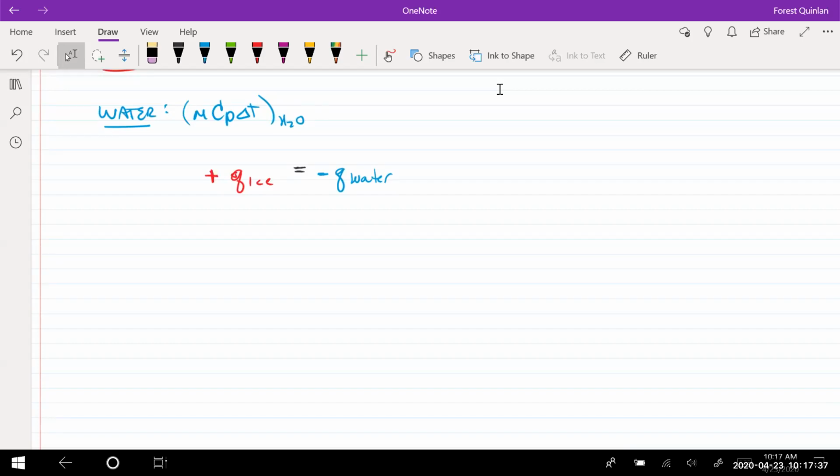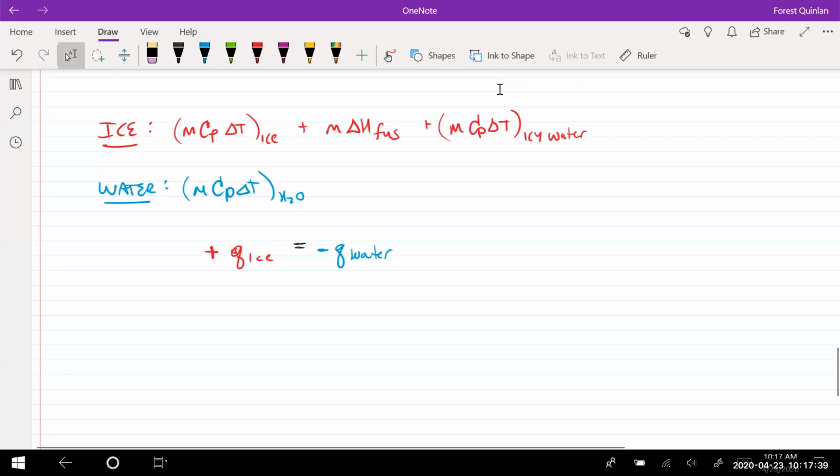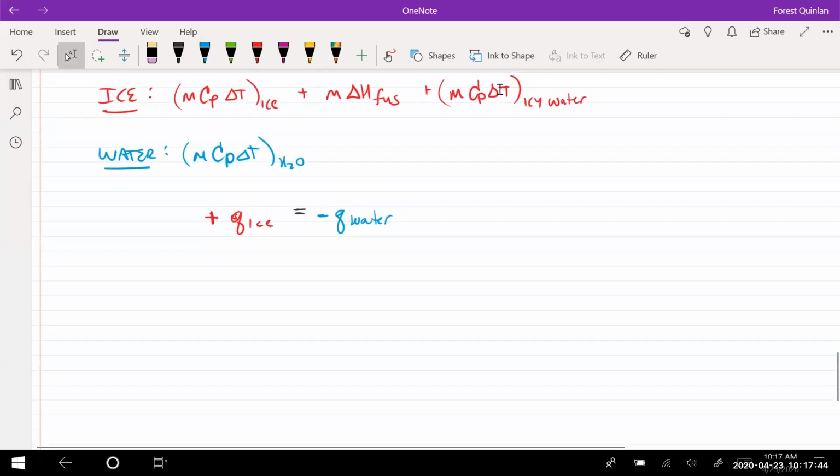Okay, so let's take a look at what we have so far. We have the mC delta T for ice, the delta H of fusion, and again for the icy water, and we can start plugging in numbers. I'm going to put everything in a bracket.